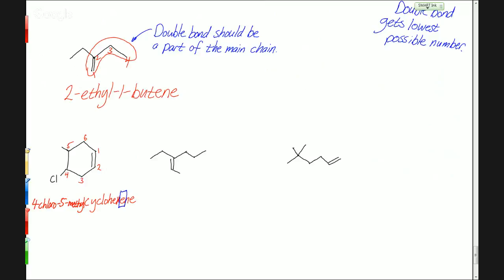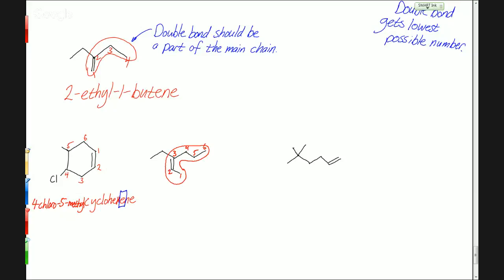All right. For this one, this is another one that gets a little tricky with the chain that we have to pick because we need that double bond. So we can't say that the 6-carbon chain straight across is the main chain because that doesn't include the double bond. We have to use this one like that. And then again, we want to start numbering so that the double bond has the lowest possible number. So that would be 1, 2, 3, 4, 5, 6.